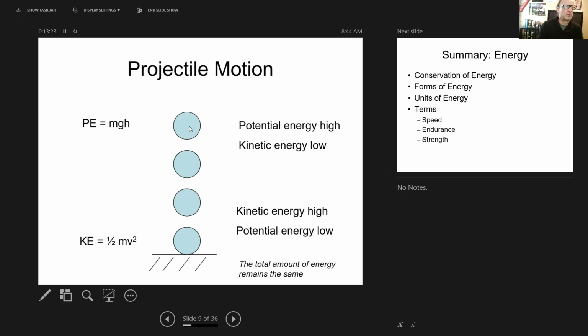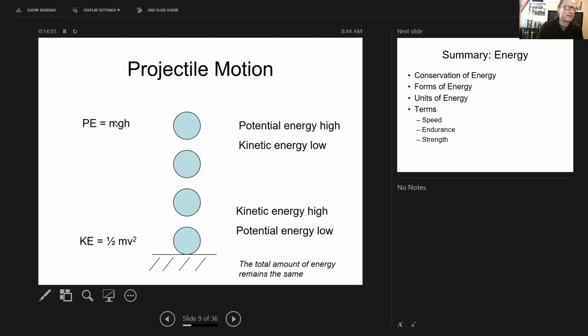As this object moves from this position down to this position, the energy is going to transform from potential energy to kinetic energy. It's going to transform based upon this equation: mass times acceleration due to the force of gravity times the height of the object. As that object gets lower, that height reduces, ultimately getting to zero. But as this object starts to move downward, we know the velocity speeds up and the amount of kinetic energy increases based upon this equation, 1/2 mass times velocity squared.